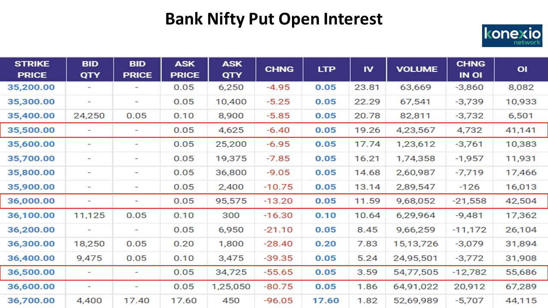In Bank Nifty puts, you will see on the screen that the action was seen in 36,500 puts, 36,000 puts and 35,500 puts.